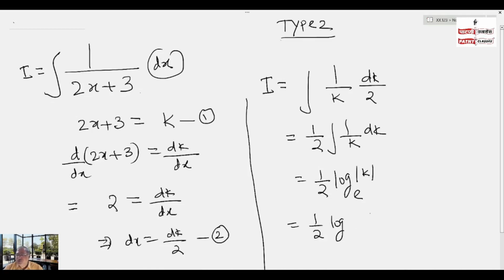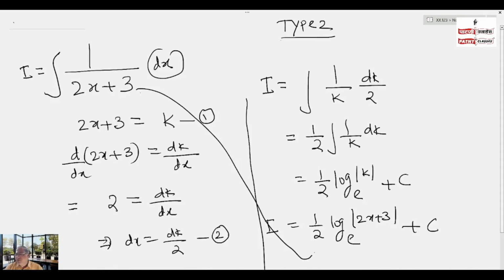Back substitution, k is nothing but 2x plus 3, with base e, of course plus c. This is the result. Therefore, the integration of 1 upon 2x plus 3 is equal to 1 upon 2 log of modulus 2x plus 3 to the base e plus c.